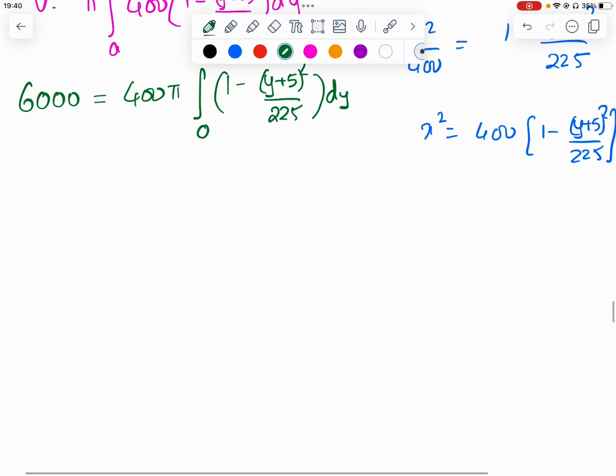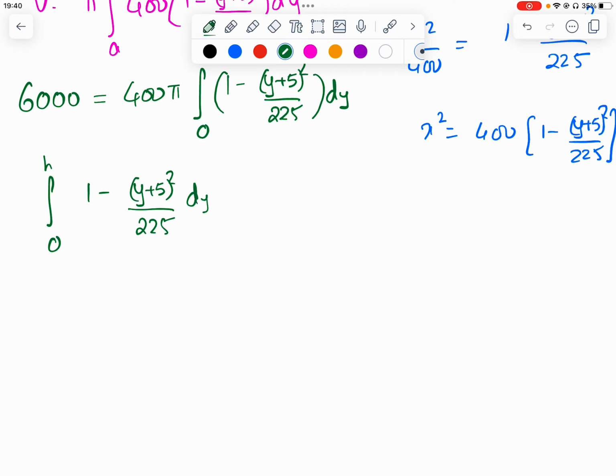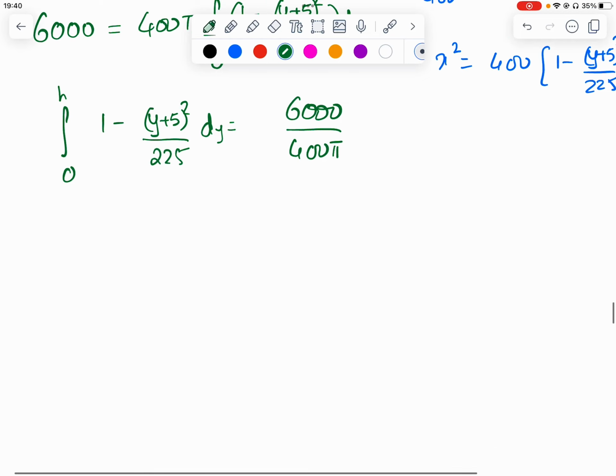So bring that 400 pi to the other side. So integral 0 to h of 1 minus (y plus 5) whole square upon 225 dy equals 6,000 divided by 400 pi. Now plug in the upper limit and the lower limit, but first of all find the integral.